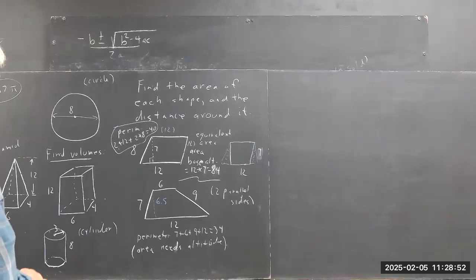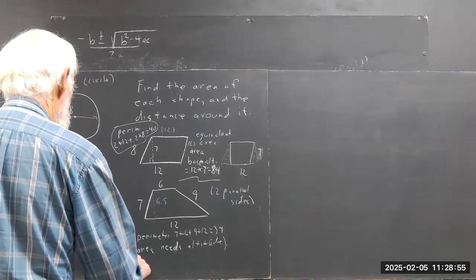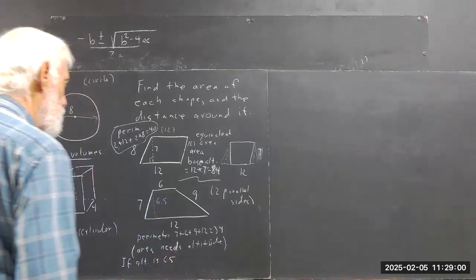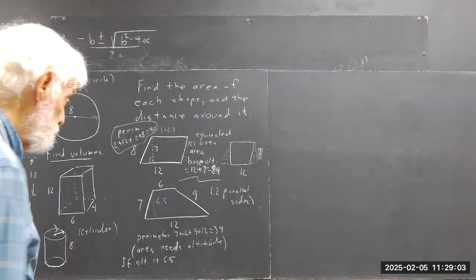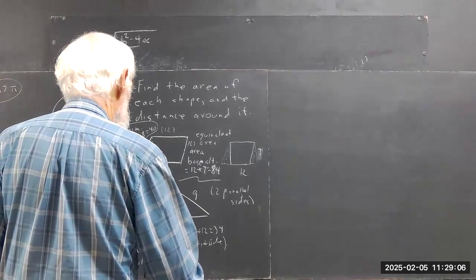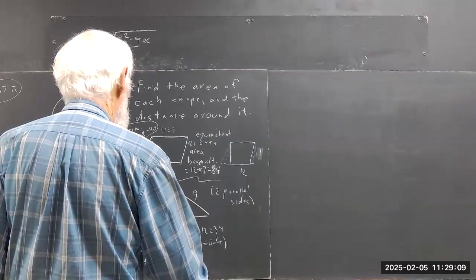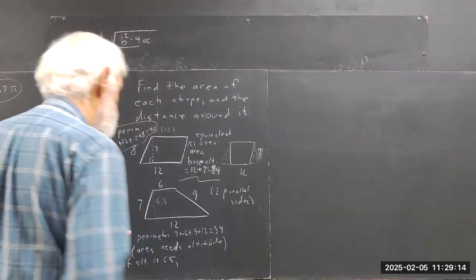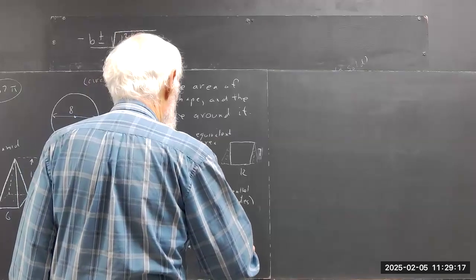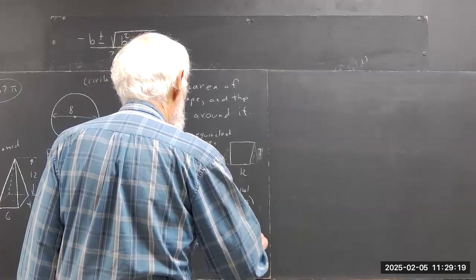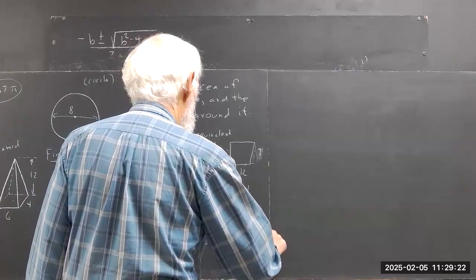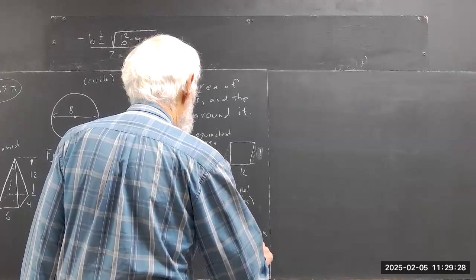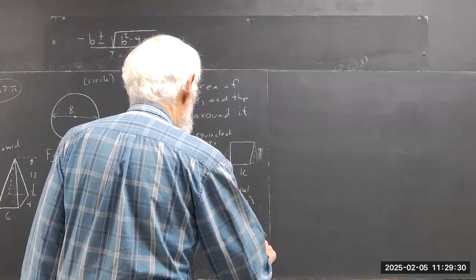Okay. So if the altitude is 6.5, the average base is 6 plus 12 over 2, okay, which is 9.